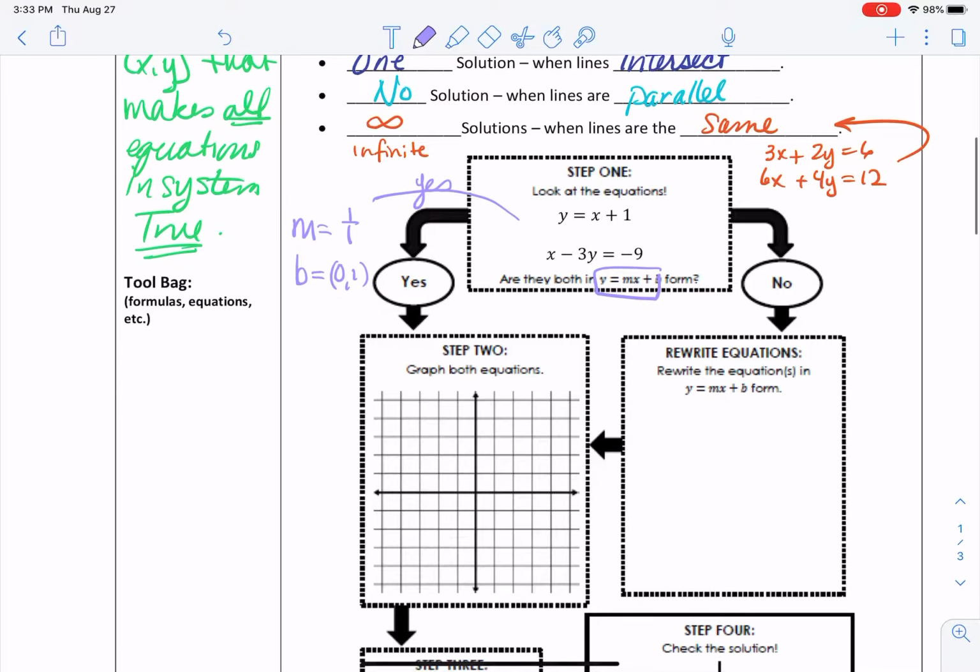So then we come down here and graph that equation. Starting at (0, 1), up 1, right 1. And here is line 1.